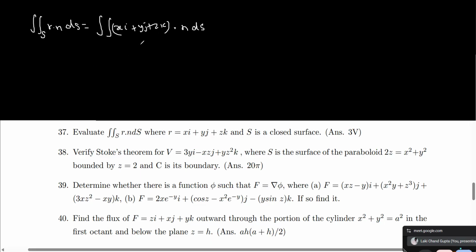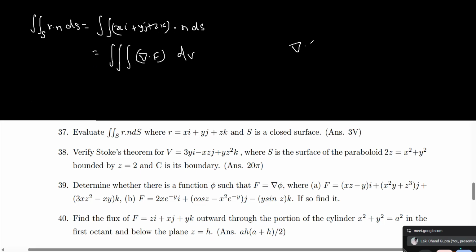So again, you can solve this by using the Gauss Divergence Theorem. How? Whenever you are asked to find this, you can do it by triple integration of divergence of F dV. Here F is what? R, right?